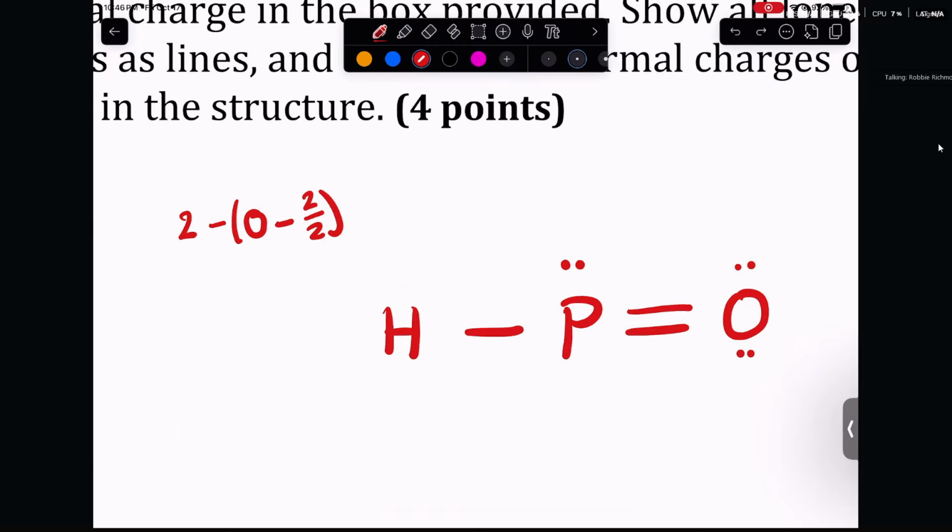I like to think about it that this 2 out of 2 really simplifies to 1. So if you want to think about it like 2 valence electrons minus dots, which is going to be here, subtracted by lines, which I only see 1 line, and mathematically 2 over 2 and 1 is the same thing. These converge and result in the same answer. This is a 0 formal charge.